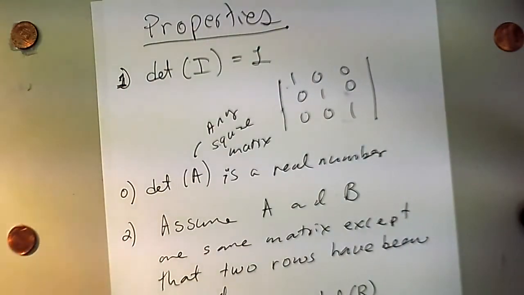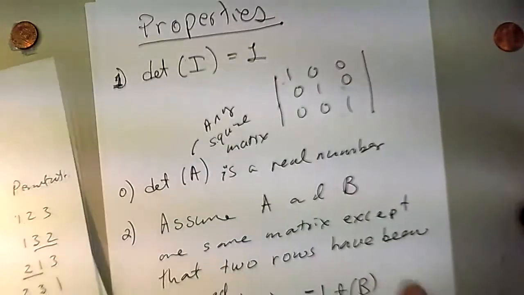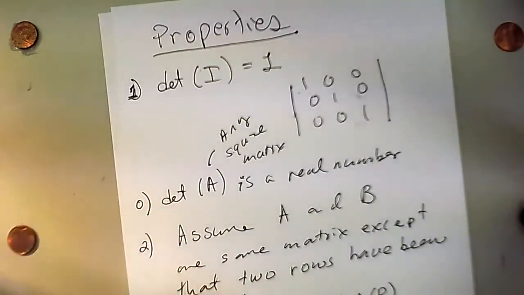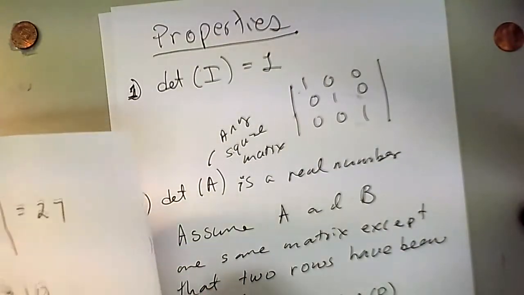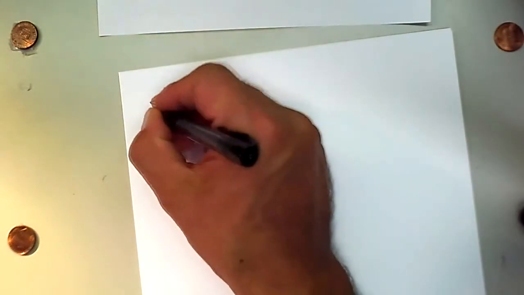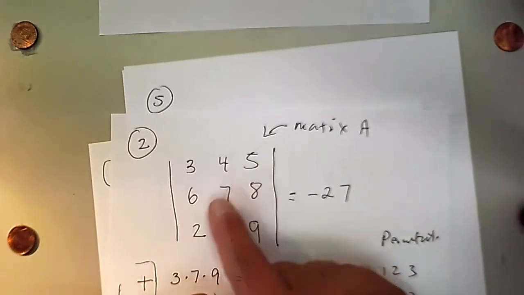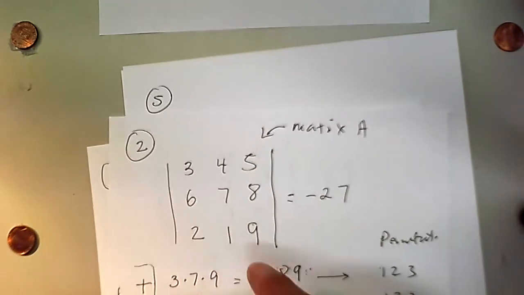Let's do an example. Now, we're going to piggyback on example 2. So, example 5. Again, I'm going to use example 2, which is this guy: 3, 4, 5, 6, 7, 8, 2, 1, 9.